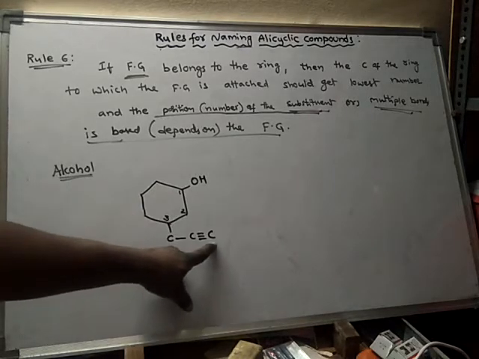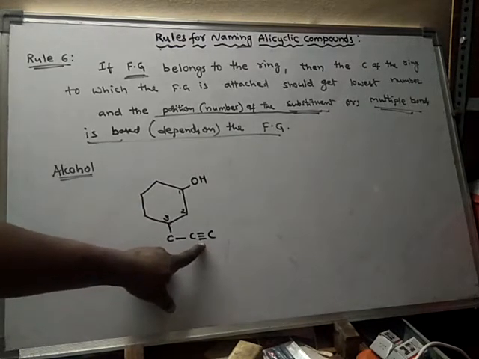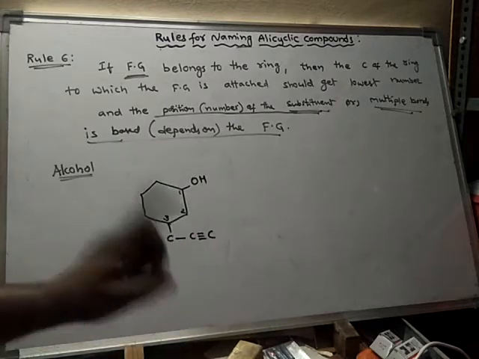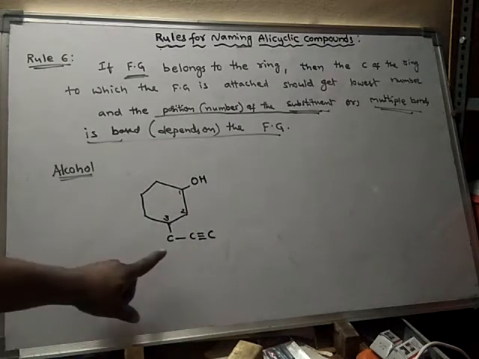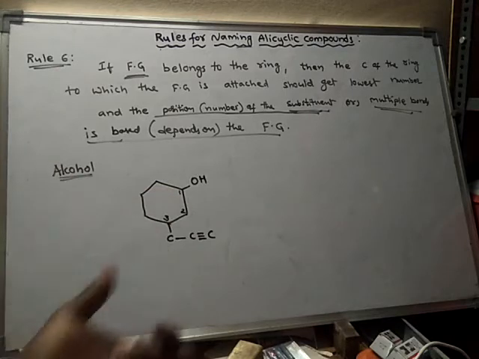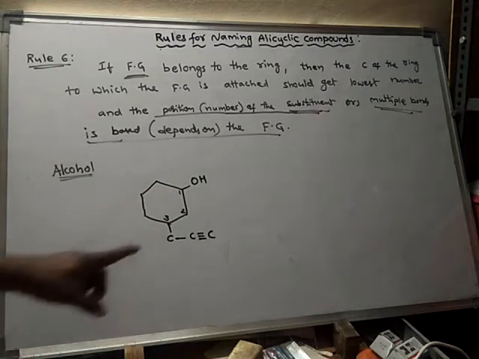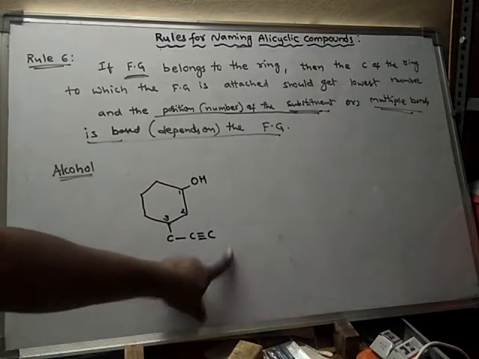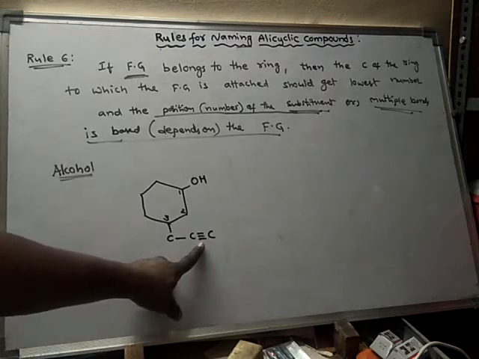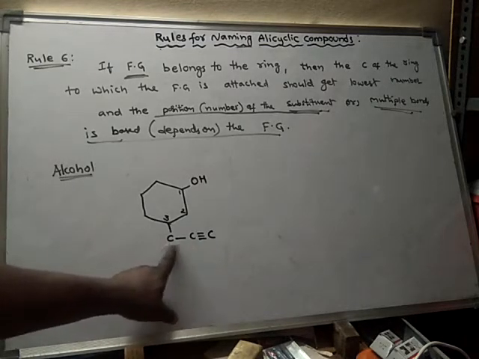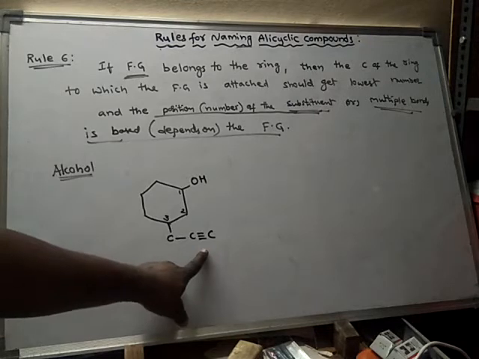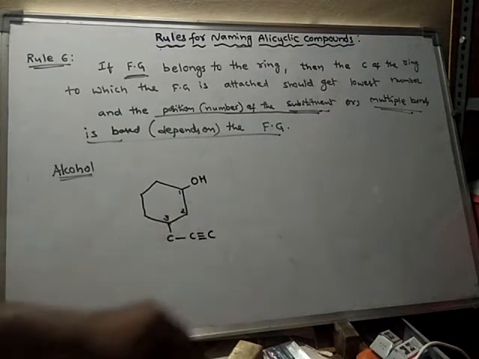And now this will be the side chain. Though it has multiple bonds, it is treated as a side chain, or substituent. As it has multiple bonds, this substituent is treated as a complex side chain.